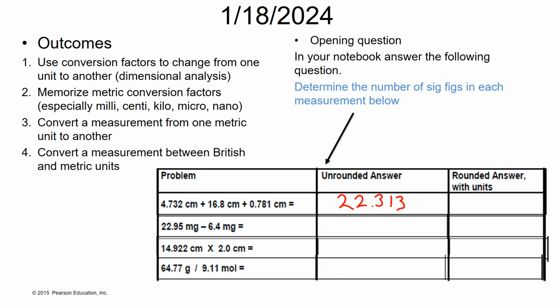Now, based on the rules for addition and subtraction, how many decimals am I gonna need? Just one, because this one only has one decimal place, so that means that my answer can only have one decimal place. So the correct answer would have been 22.3.